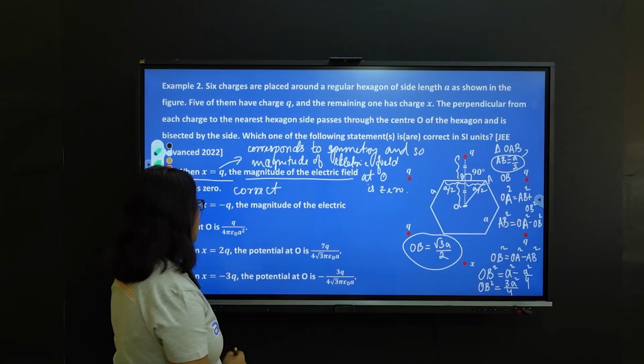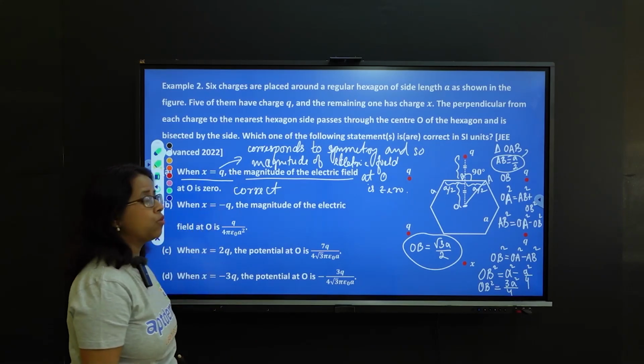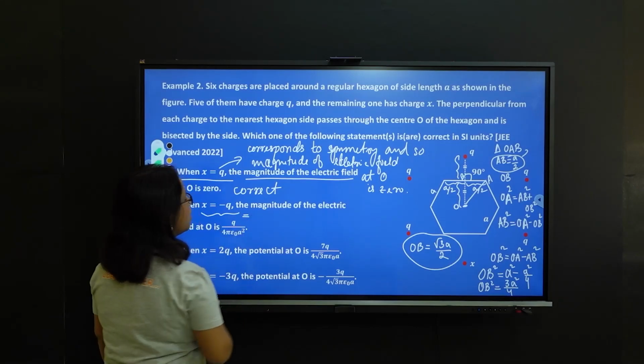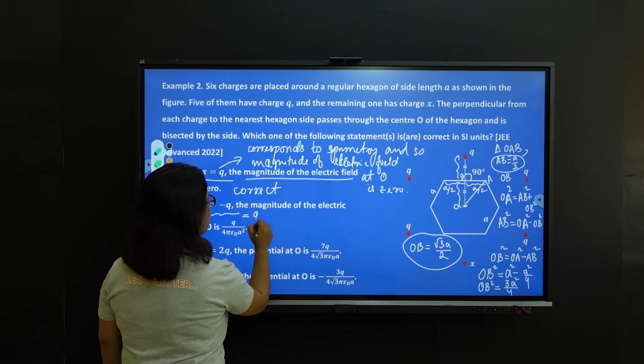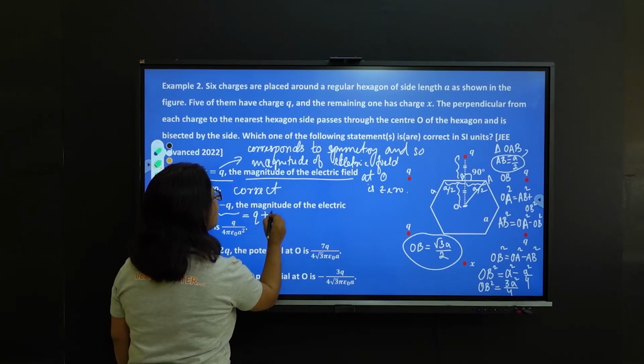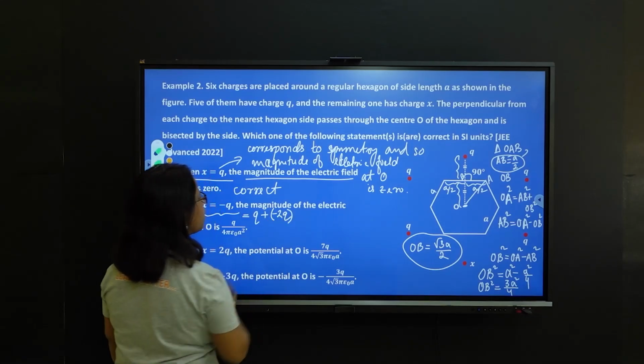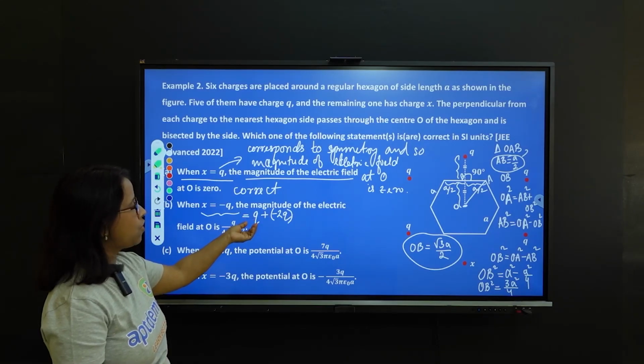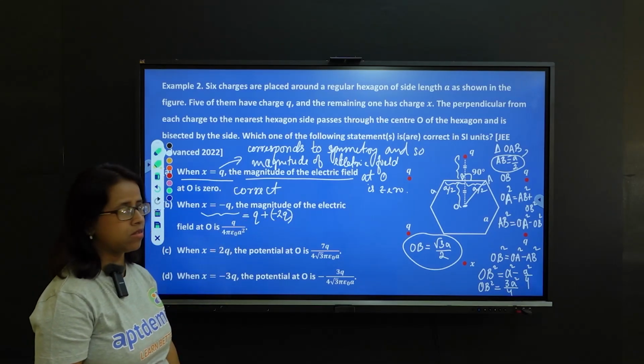Now let's explore the second one. If we have x equal to minus q, now minus q may be assumed as the sum of q and that of minus 2q. Now just look at this. We have the sum of a charge q and a charge minus 2q.